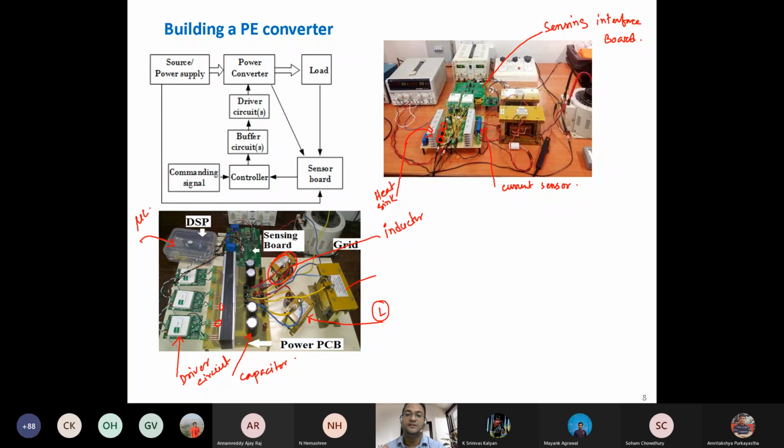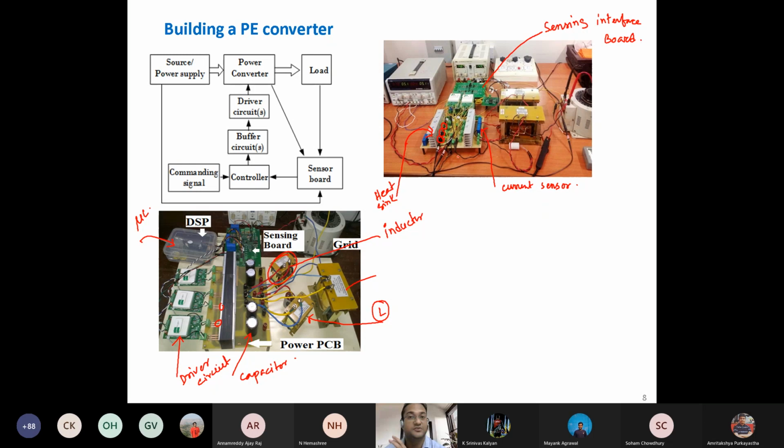Right. So you see, when we develop something in lab, they are quite relaxed and arranged in a much more flexible manner, so that if something goes wrong, we can take it out easily and replace it. And if I want to see some voltage, I can easily put my voltage probe or oscilloscope probes here, and you can see it. But when you develop something for a real life application, for a product, how do they look like?